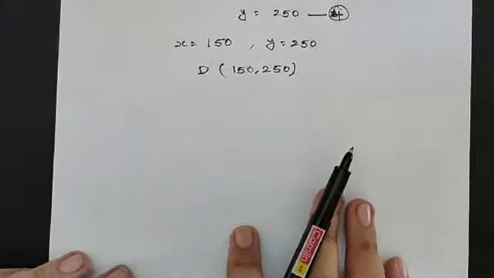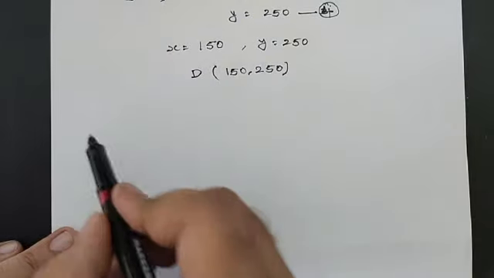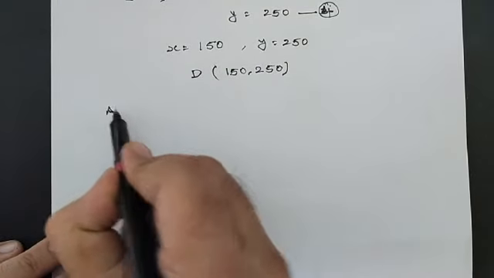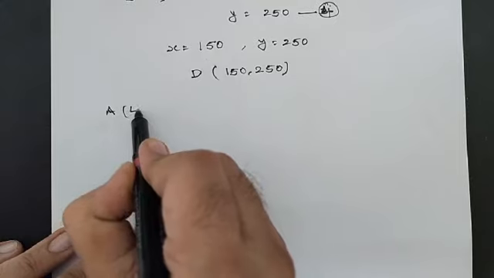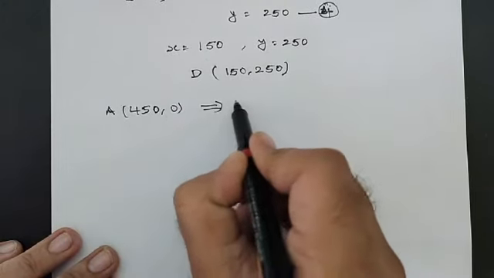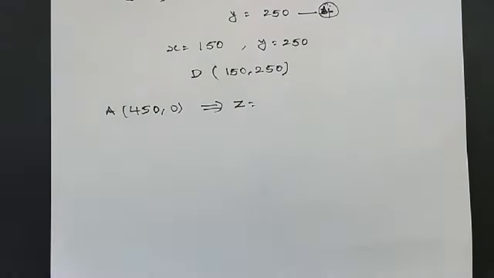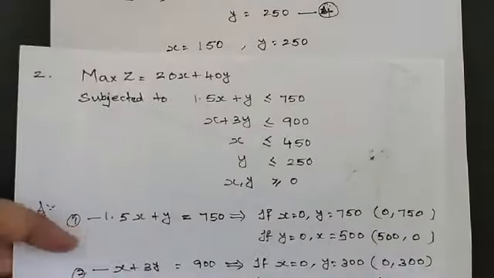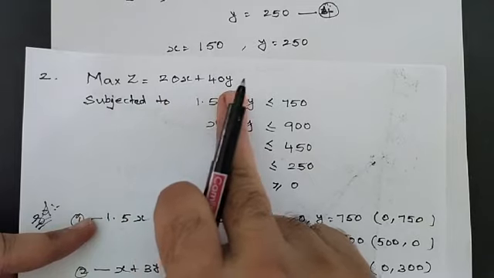So now substitute in the objective function. If you take point A, it is 450 comma 0. Then what is the value of z? The objective function is 20x plus 40y.